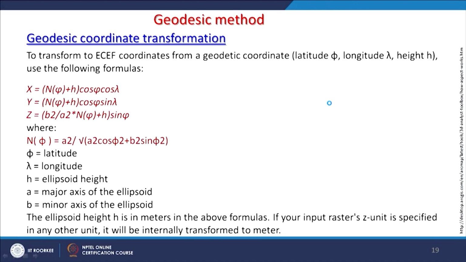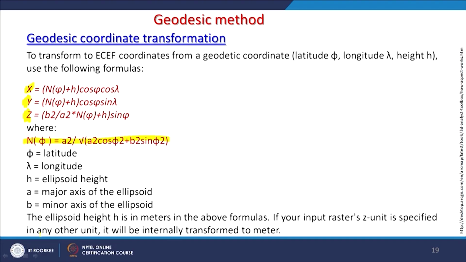Now in this transformation, because this is a 3D Cartesian system, it has to be done for x, y and z also. And then you will have this formula, and this is for latitude, longitude, and other details are also there for ellipsoidal height, because z is involved.